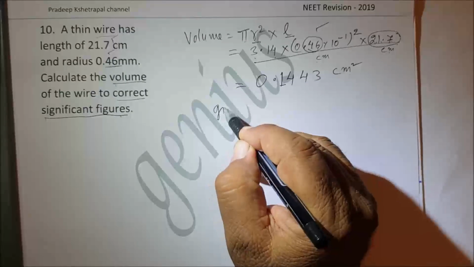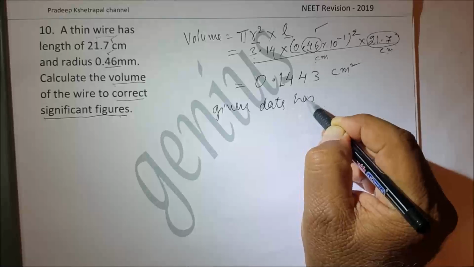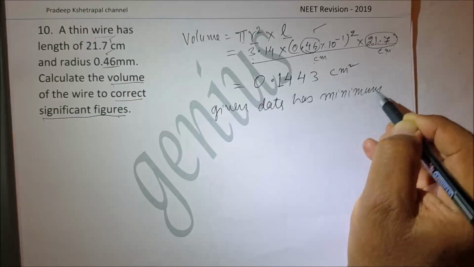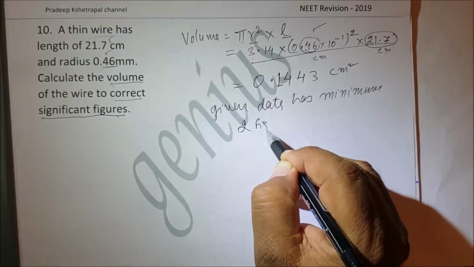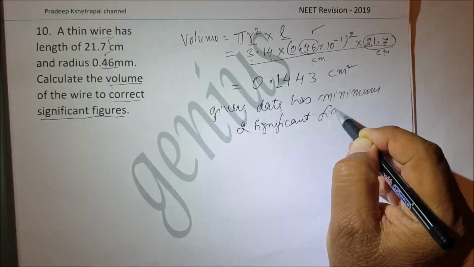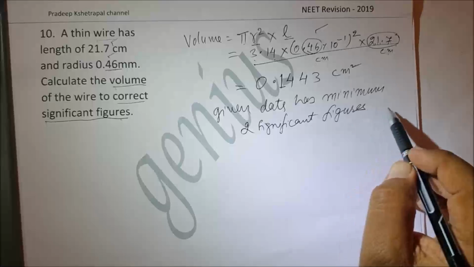So, given data has minimum 2 significant figures.